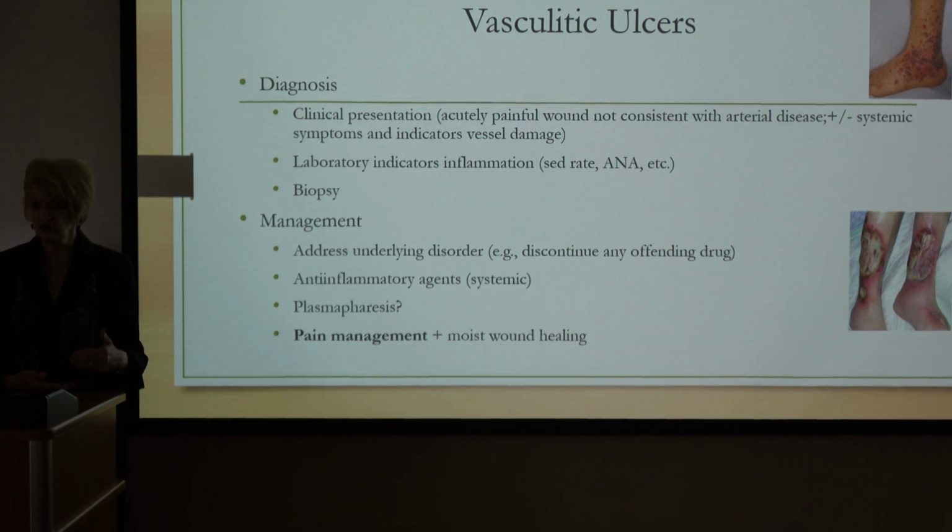If they think it's a drug reaction, they're going to eliminate the offending drug, that kind of thing. So a lot of these patients will end up on steroids or other anti-inflammatory agents. If they have a very severe condition, they may do plasmapheresis because that removes those little antigen antibody complexes that are attached to the vessel wall and triggering the inflammatory response.